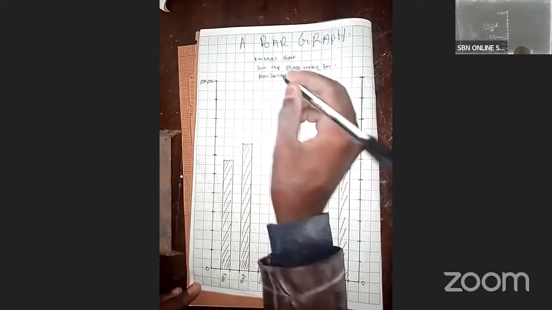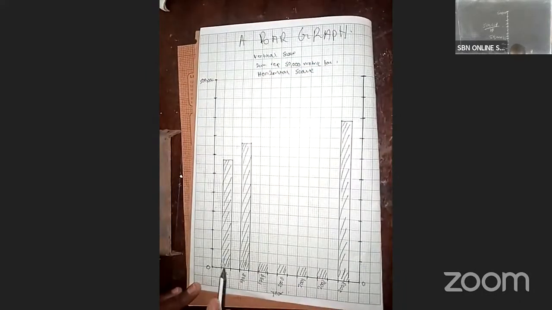The horizontal scale is going to be here. Each bar was taking how many centimeters? Each bar is taking how many centimeters?